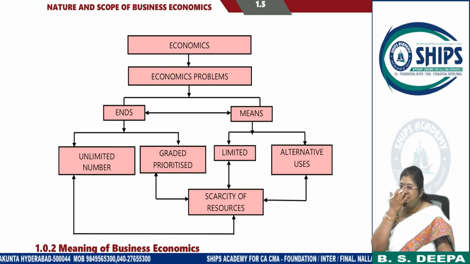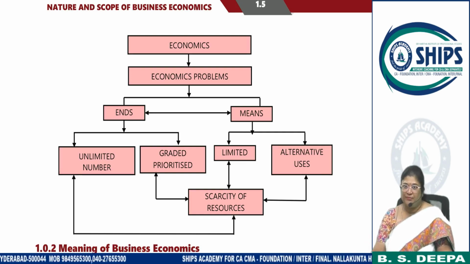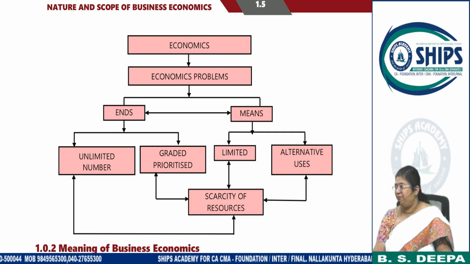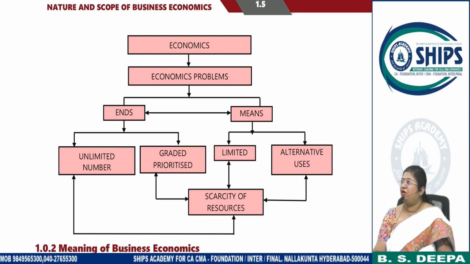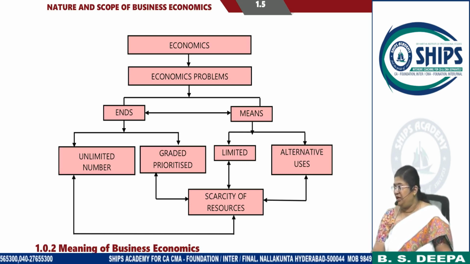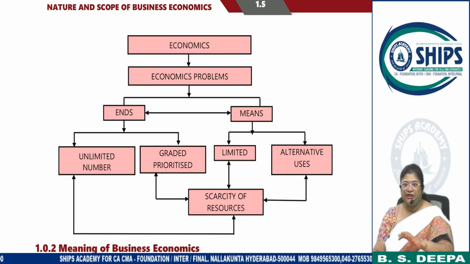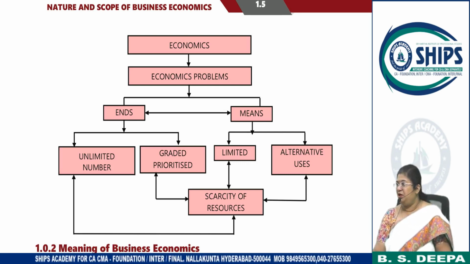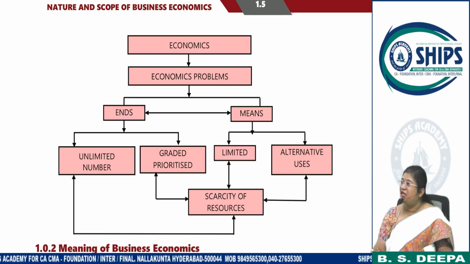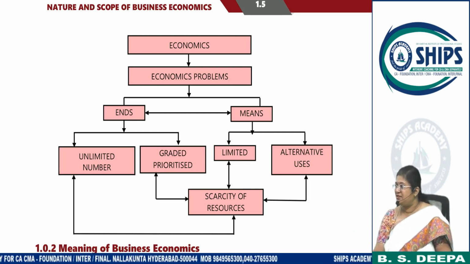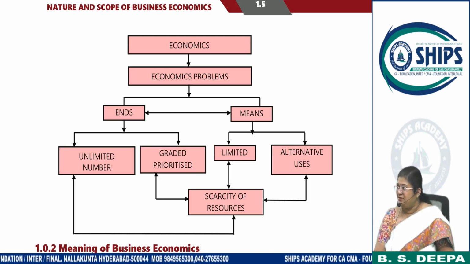See, for example, let us say we are just talking about time as one of the resources. So we have only 24 hours in a day, right? And we want to do innumerable activities in this particular 24 hours. But you know that it is not possible for us to do all the things we wish to do in these 24 hours, isn't it? Correct? So that means the resource is limited, right?